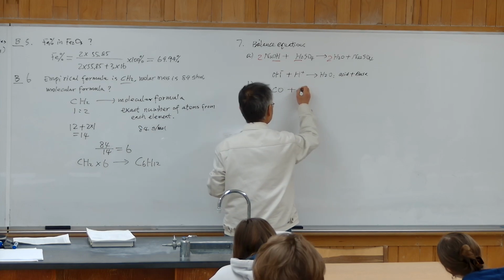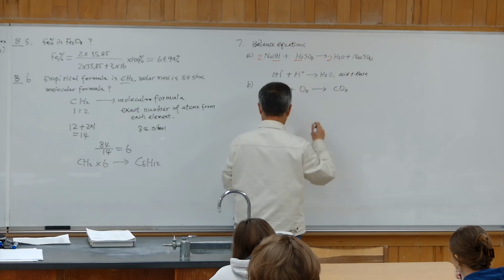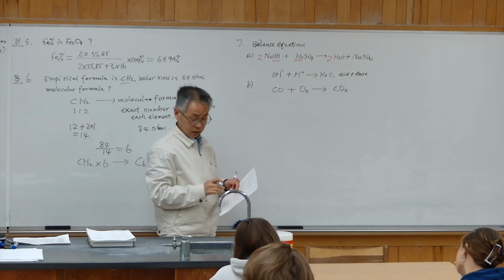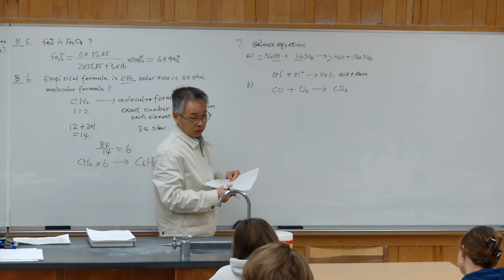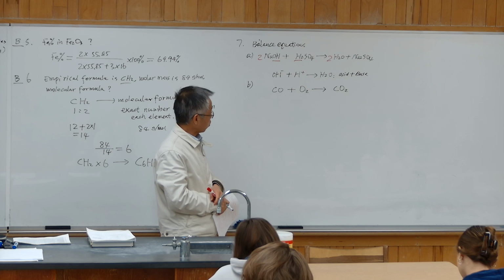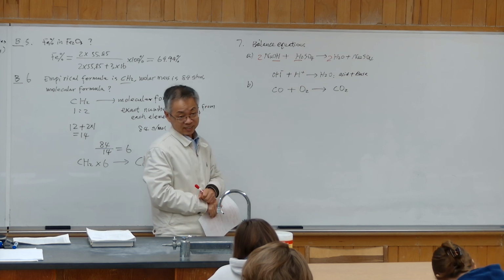CO reacts with O2 to produce CO2. This is the normal procedure for balancing the equation, right? We select those elements that show up one time on both sides because that is easier.